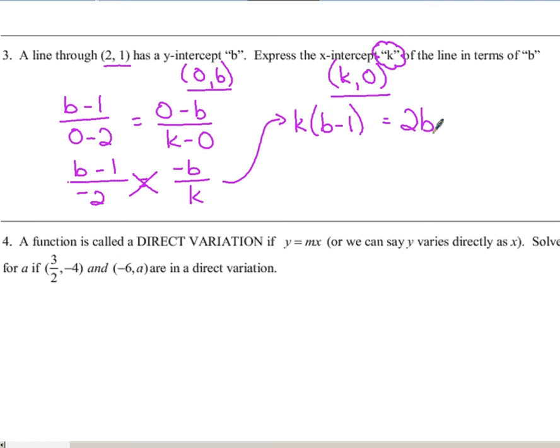Usually I do, but it doesn't make sense here because you're solving for k. Whatever's attached to k, this b minus 1, you want to divide over to the other side. So divide both sides by b minus 1. This b minus 1 goes away, and you've got 2b over b minus 1. There is your x-intercept k in terms of b.